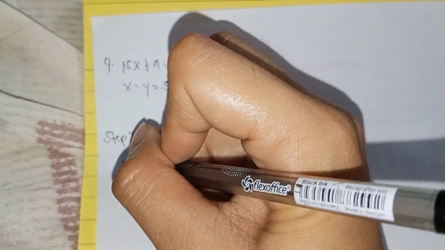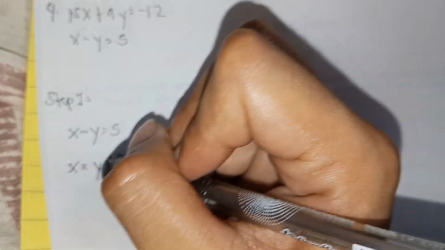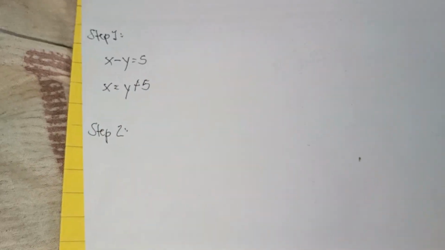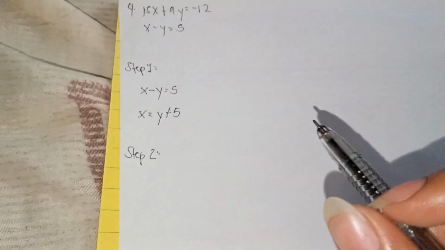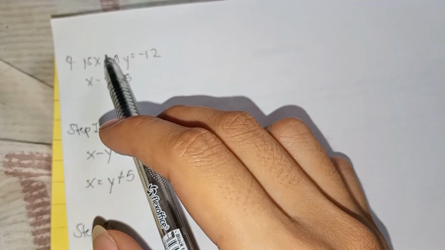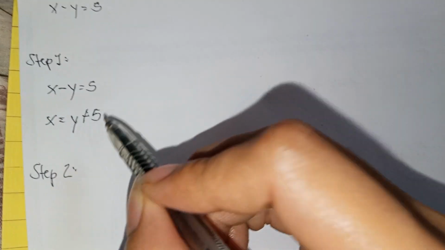So this x minus y equals 5. Then we're going to move the y to the right side. So it is going to be x equals y plus 5. So that is for step 1, and this is step 2. Now replace every x in 15x plus 9y equals negative 12 with y plus 5.